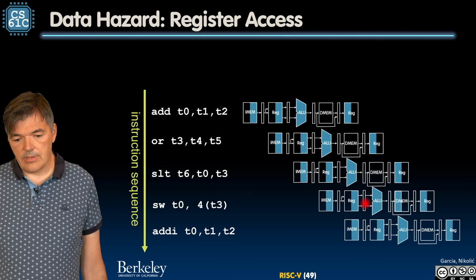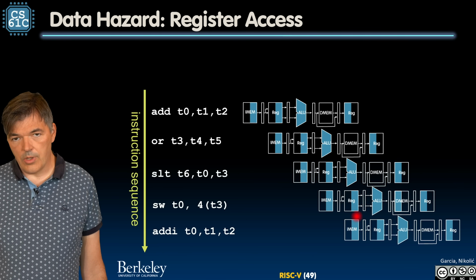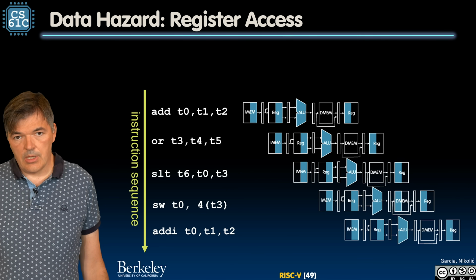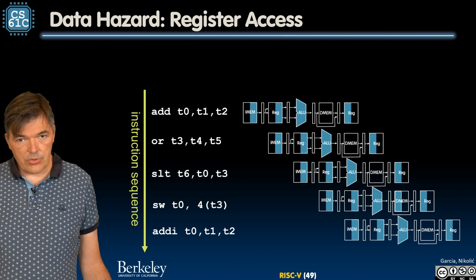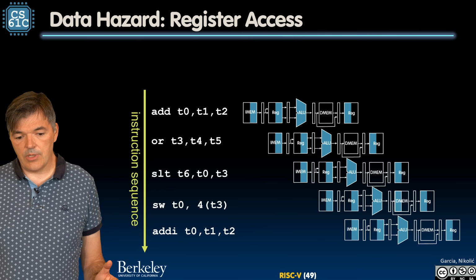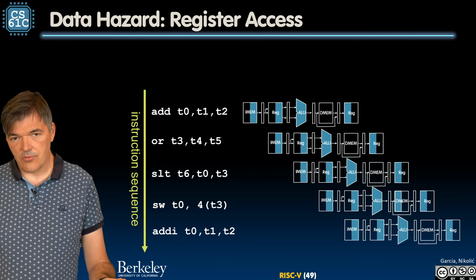Now, at some point, an instruction like this one, store word, will be in the pipeline in the instruction decode phase when it will also wish to read the register file. So the register file is going to be accessed for both reading and writing.